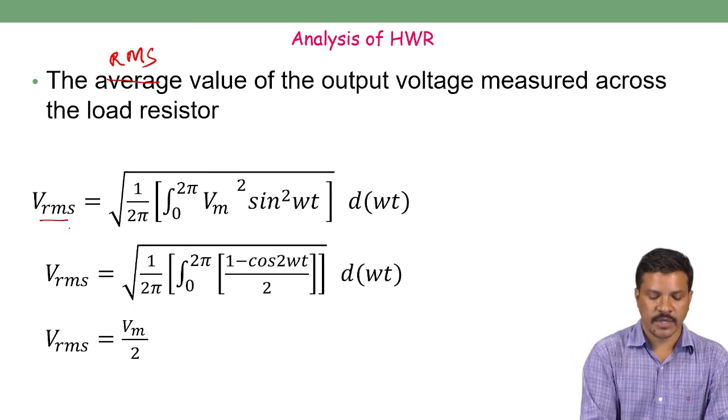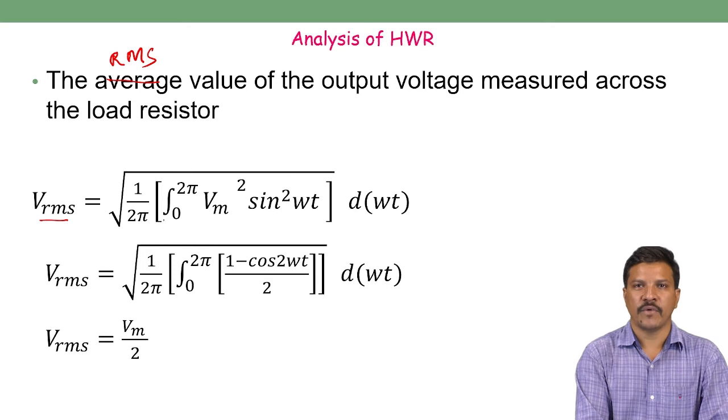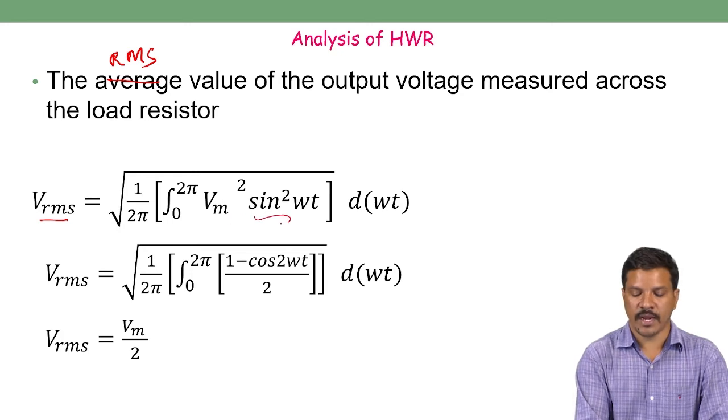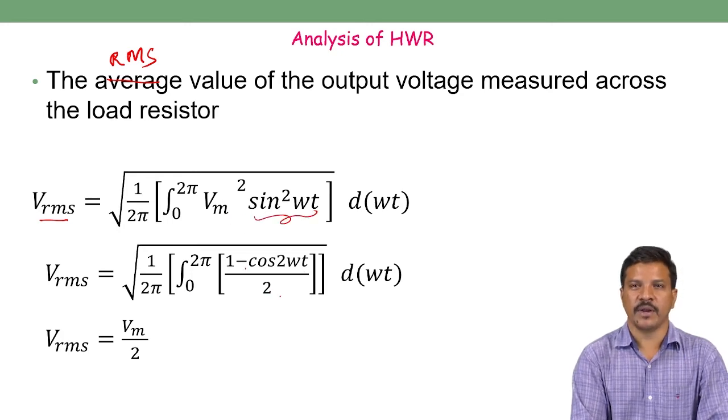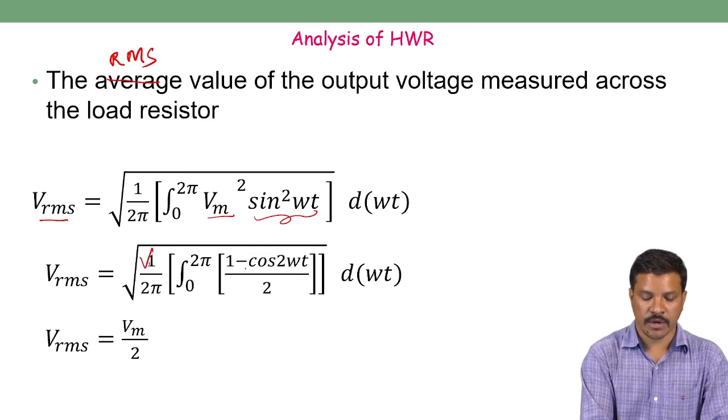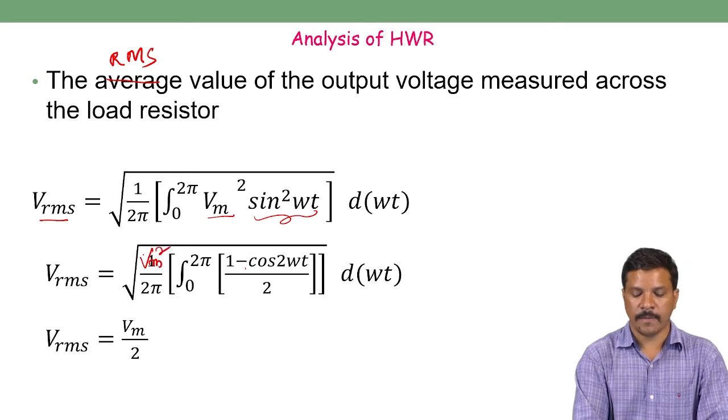Vrms is equal to the square root of 1 by 2 pi integral 0 to 2 pi of the square of the signal, Vm square sin square omega t d omega t. Sin square omega t is nothing but 1 minus cos 2 omega t by 2, and we take the constant to the left side. So Vm square by 2 pi.